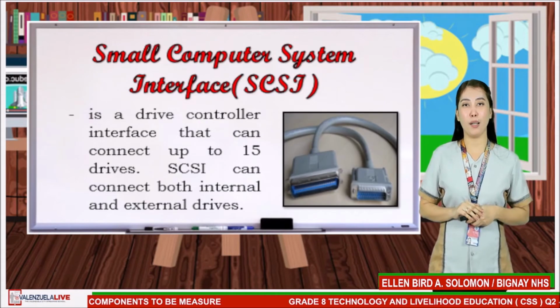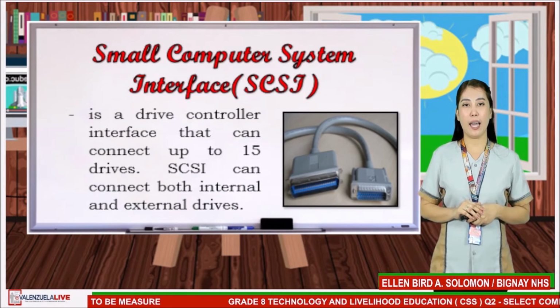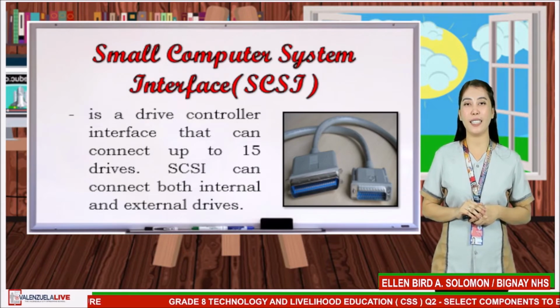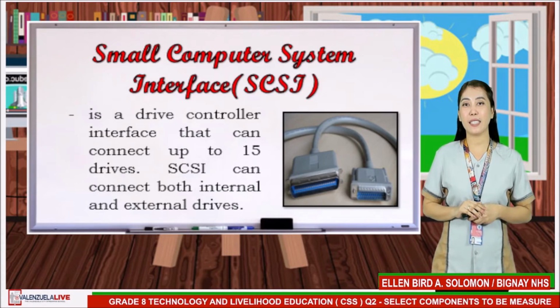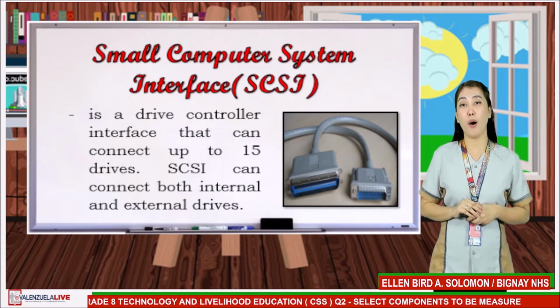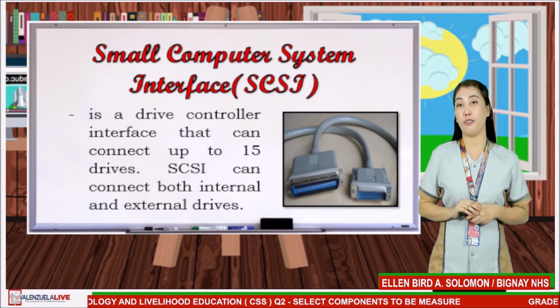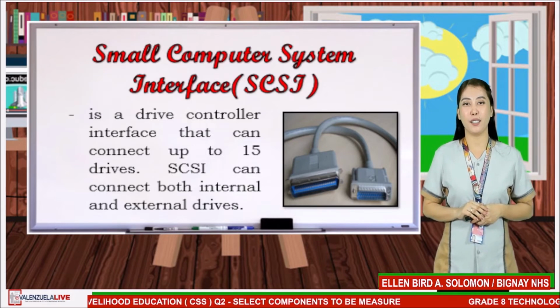Lastly is Small Computer System Interface or SCSI. It is a drive controller interface that can connect up to 15 drives. SCSI can connect both internal and external drives and uses a 50-pin, 68-pin, or 80-pin connector.